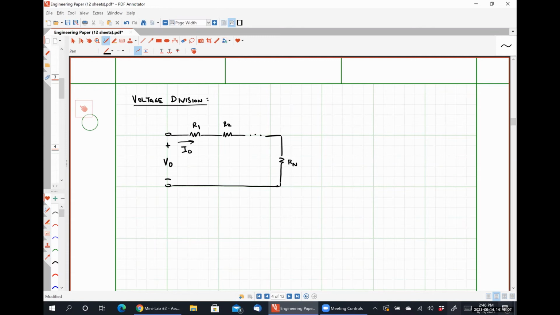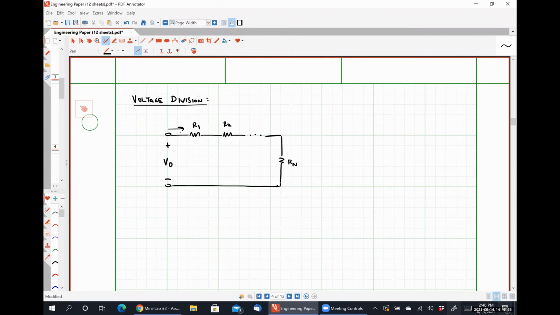All right. So I could say that V naught is equal to I naught times R1. Actually, let me go back one quick step here to make this a little bit more clear.